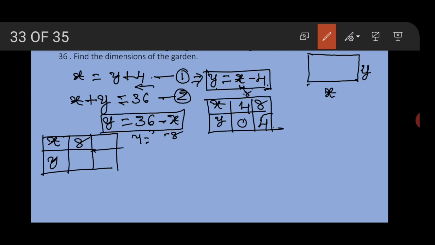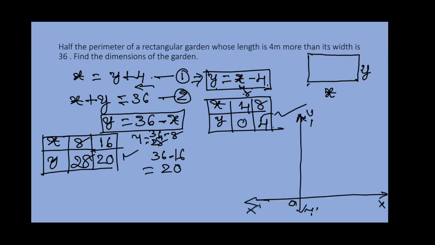You will get y is equal to 28. Then, with x as 16, y is equal to 36 minus 16. 36 minus 16 is equal to 20. So y value becomes 20.